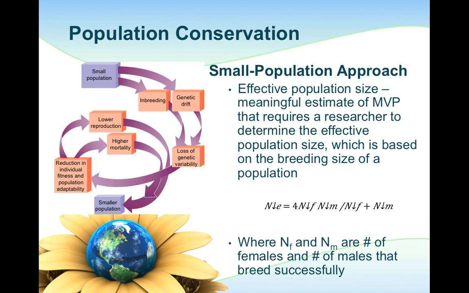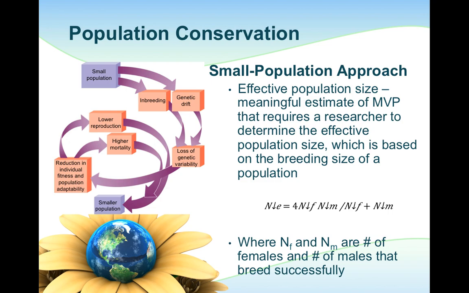One way that we can look at that is trying to determine an effective population size, estimating that minimum viable population required to determine what the breeding population needs to be. Your text goes into some of this math, and you can spend some time there, as well as taking a look at some of the case studies.